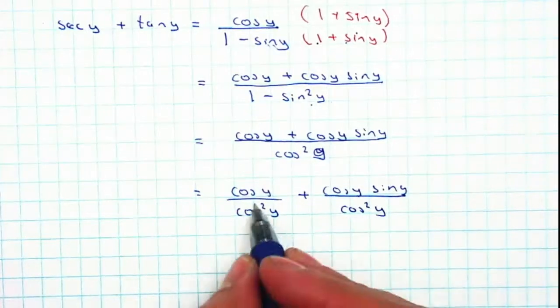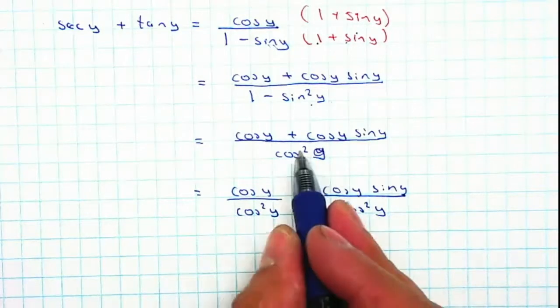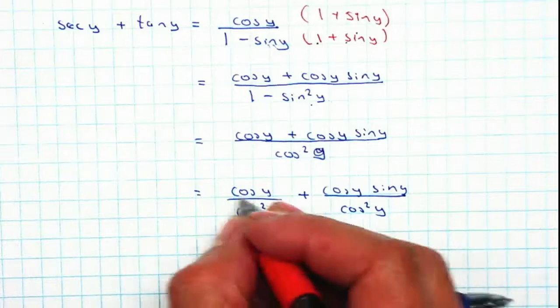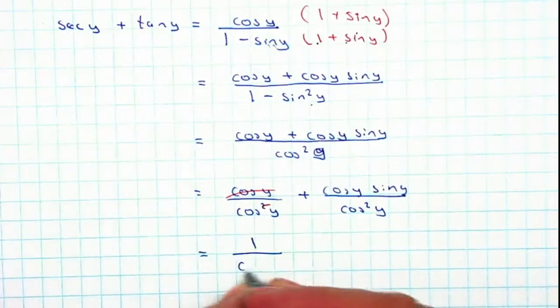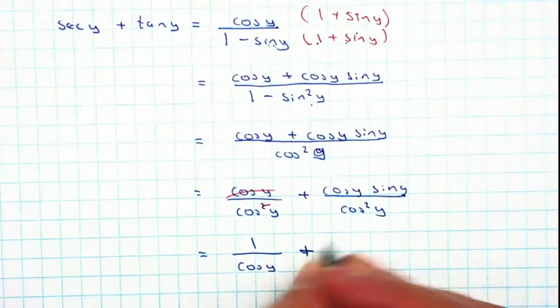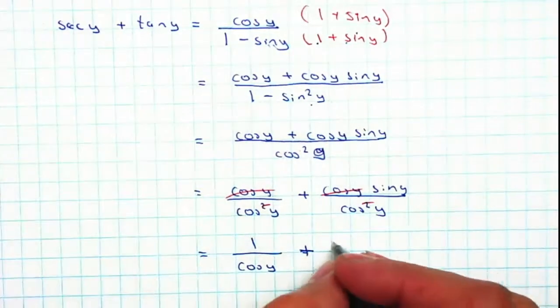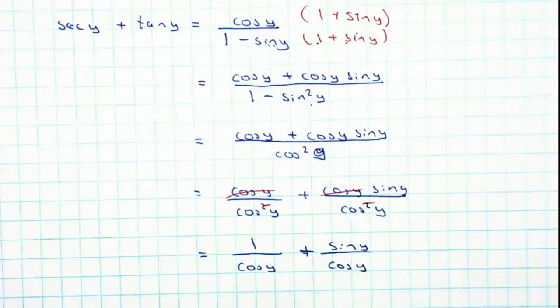Since they have the same denominator, you can always go back and add them, and the denominator stays the same. But for now, we are going to cancel one of the cosines, and that gives me 1 over cosine of y plus, canceling one of the cosines, sine of y over cosine of y.